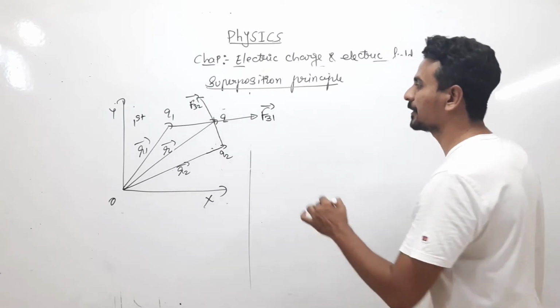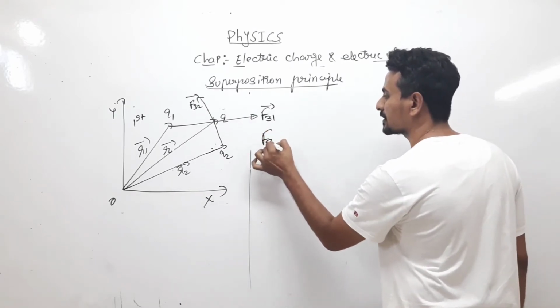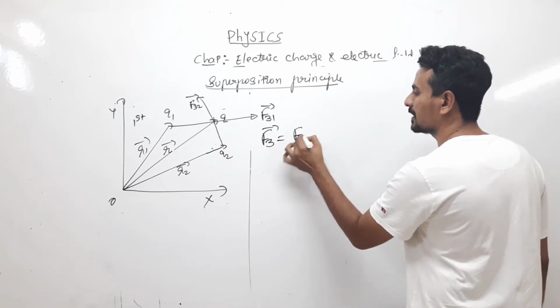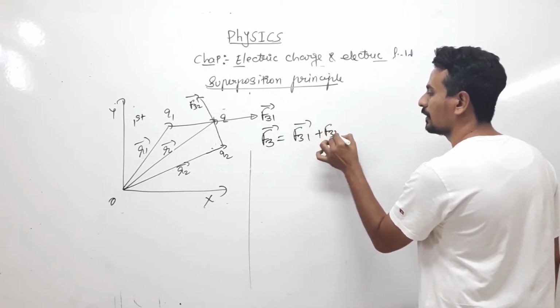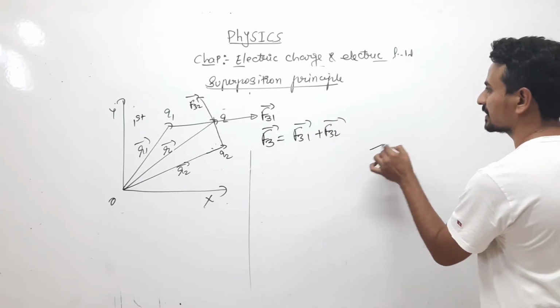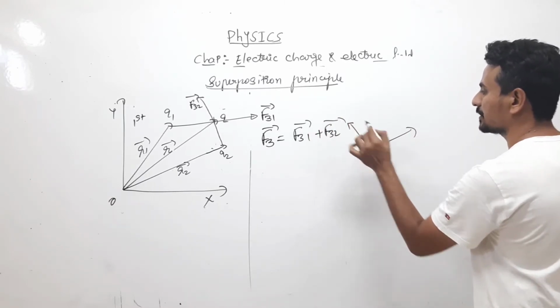According to the principle of superposition, the net force on charge 3 will be equal to F31 plus F32. This is a vector addition.